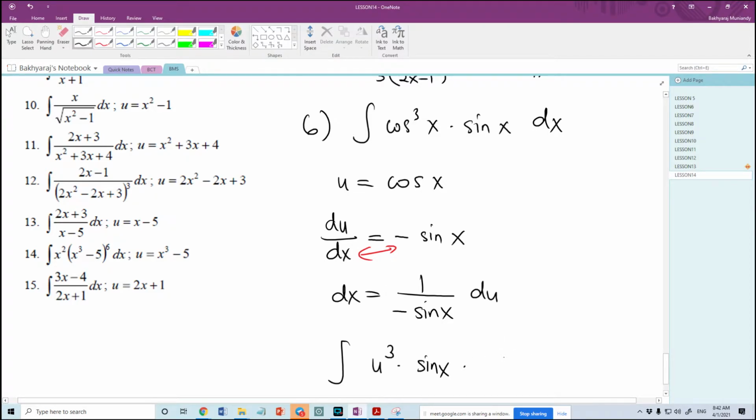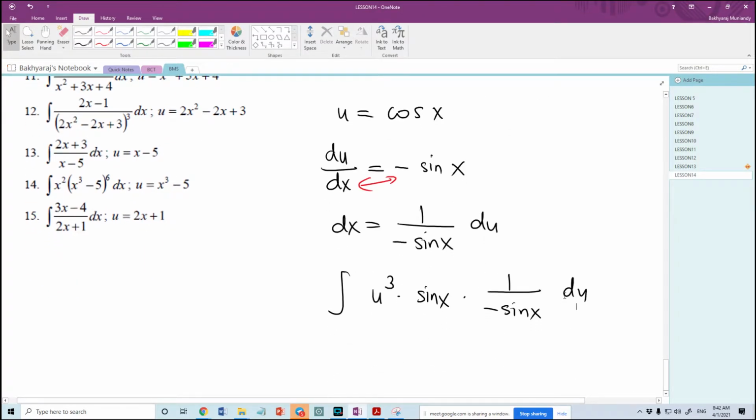So dx is negative sine x du. Okay, now you can cancel the sine. See, you can cancel the sine.